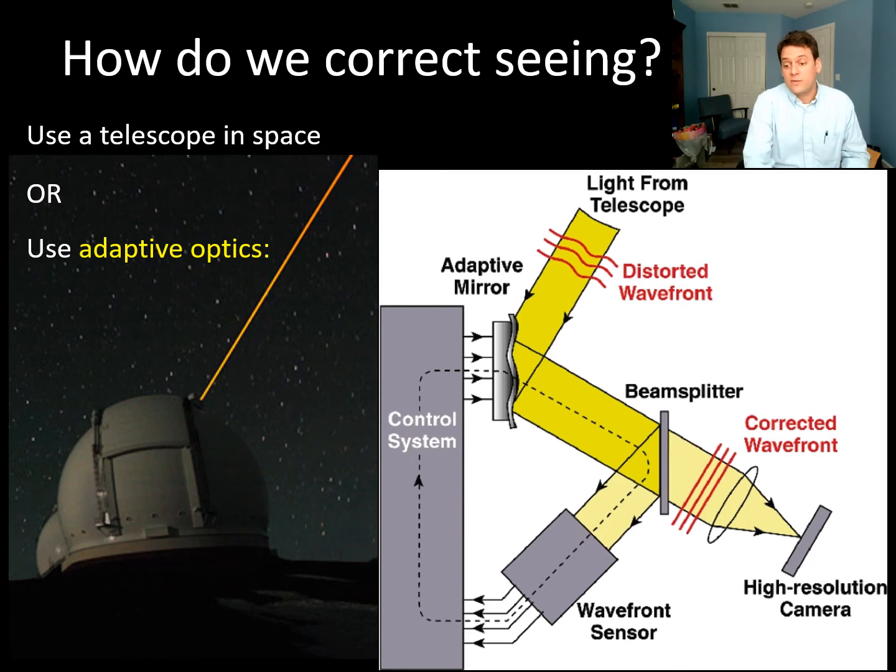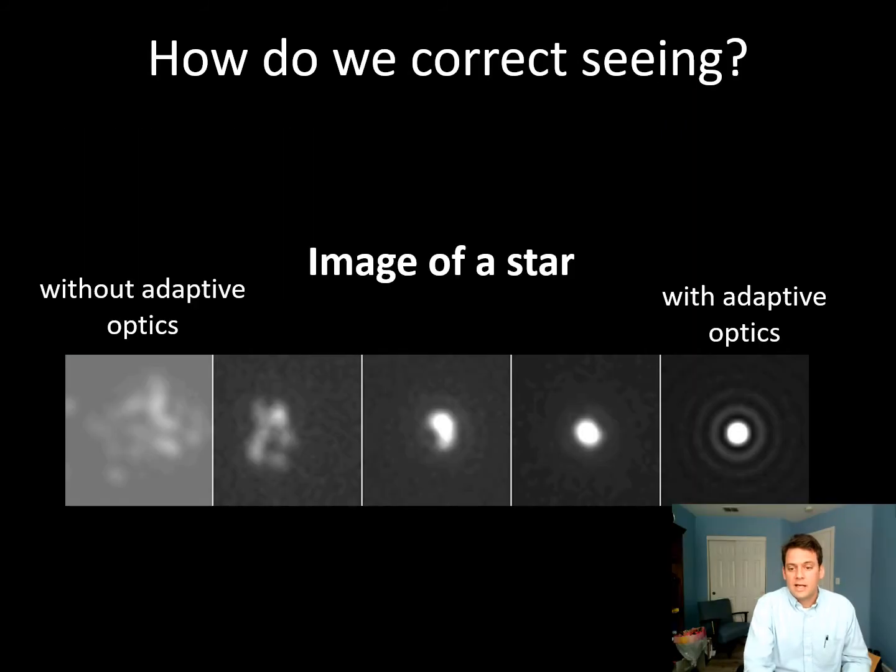And this is phenomenal. If you look at an example, you've got an image of a star without adaptive optics here on the left, which, I don't know about you, I look at that, I don't see a star at all. And then as you apply the adaptive optics, in successive degrees, eventually you're able to get just this pristine image where you even see the diffraction pattern, right?